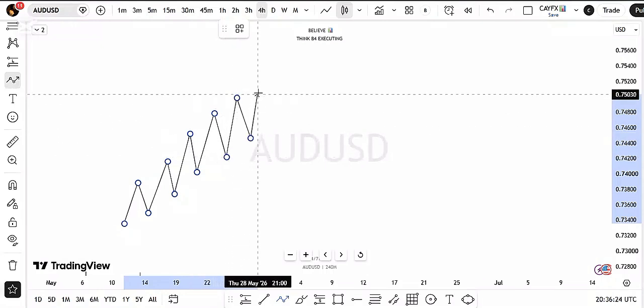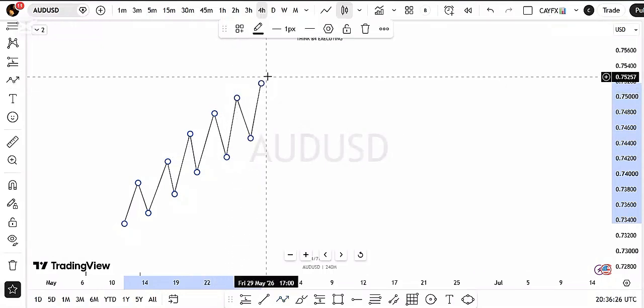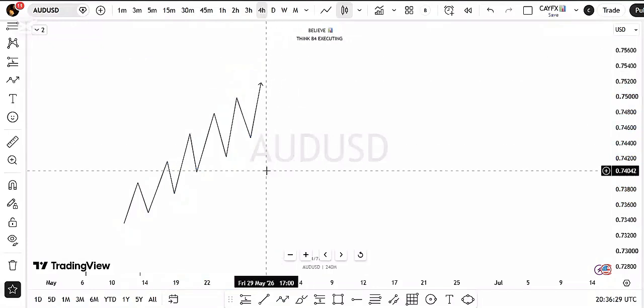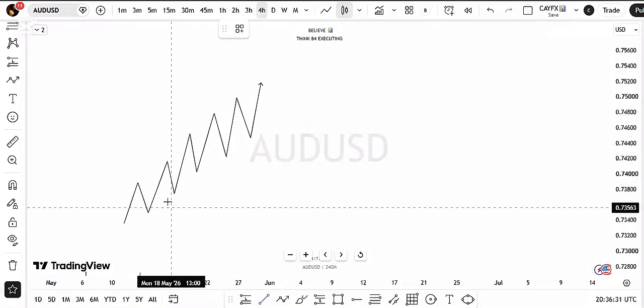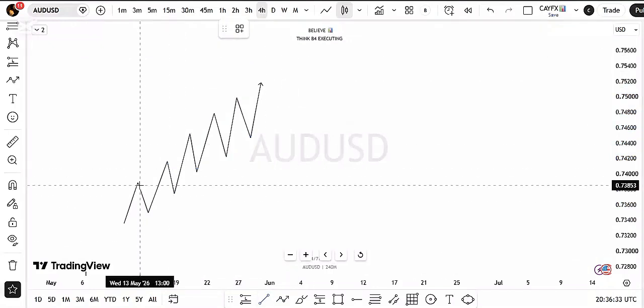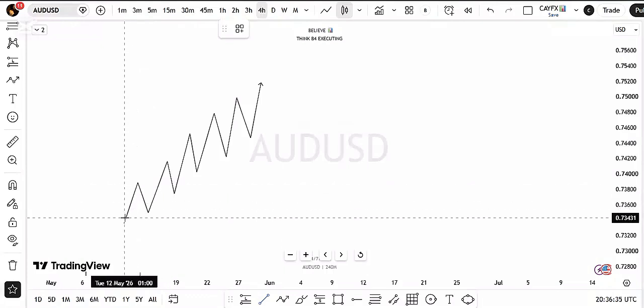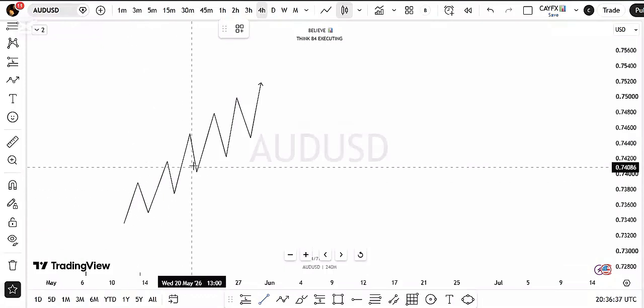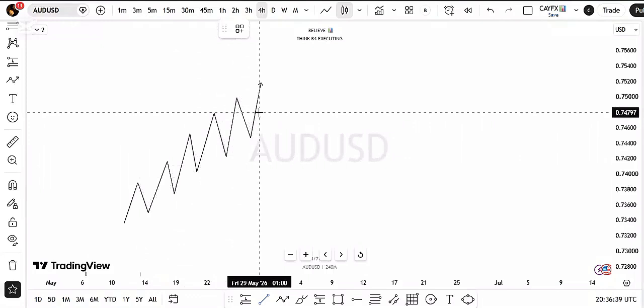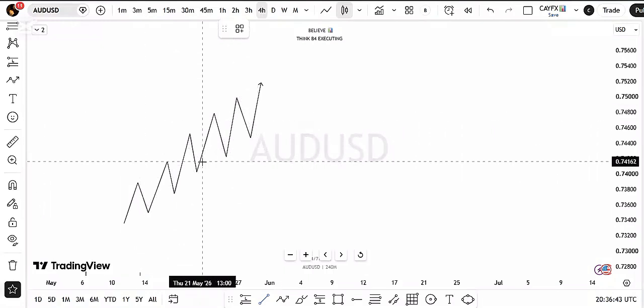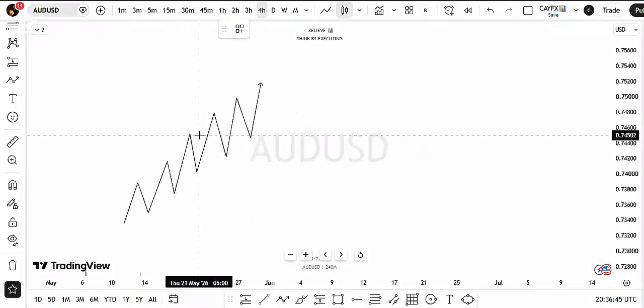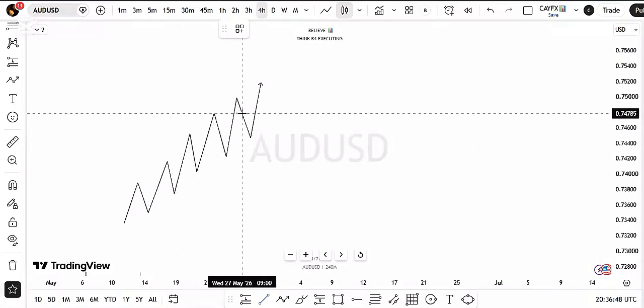So in an uptrend market, the market tends to be moving upside, moving forward, up, breaking structures to the upside.